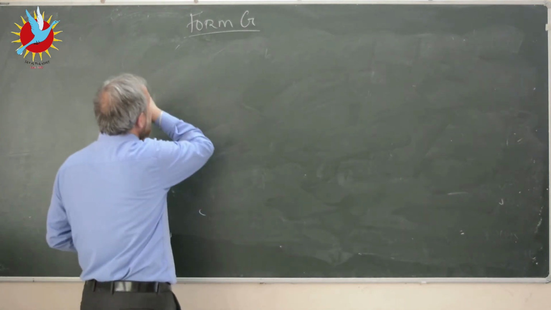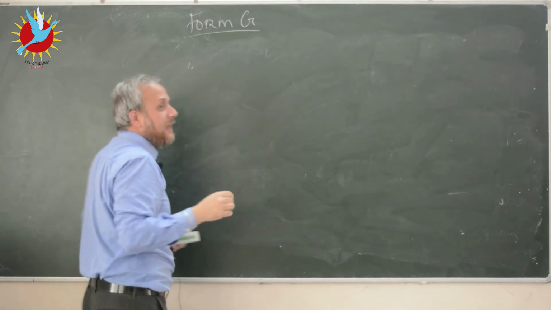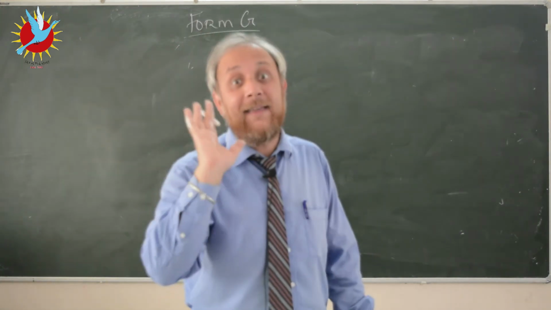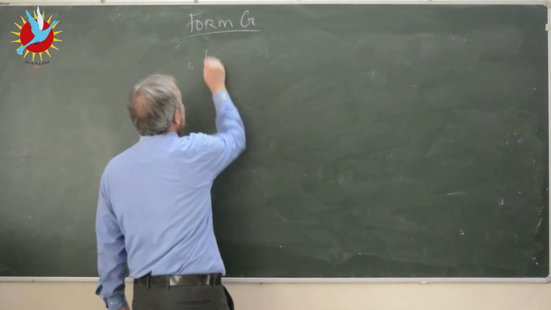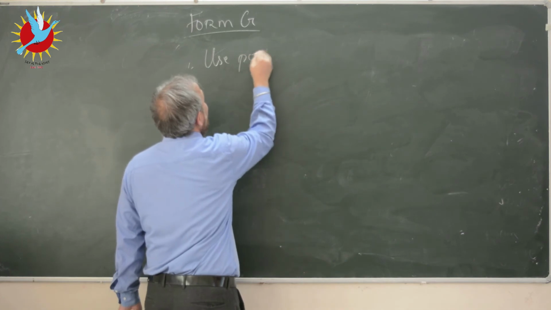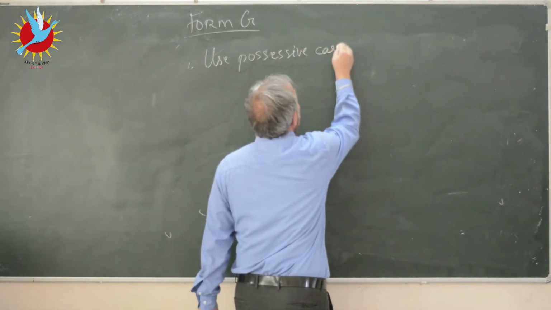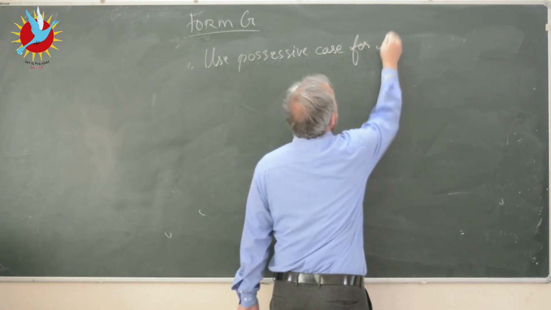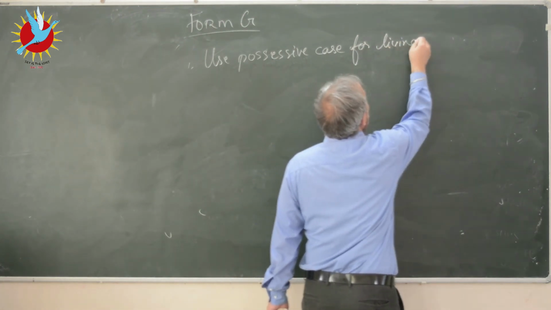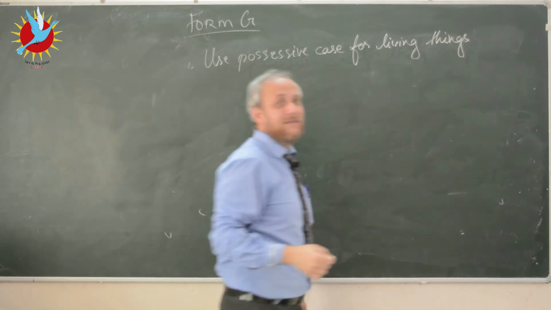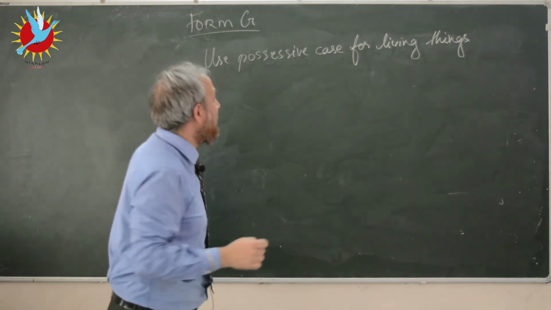Anyway, there's another thing that I want you to remember: we use the possessive case, kids, for living things. Remember, use possessive case for living things. Okay, please do remember that.